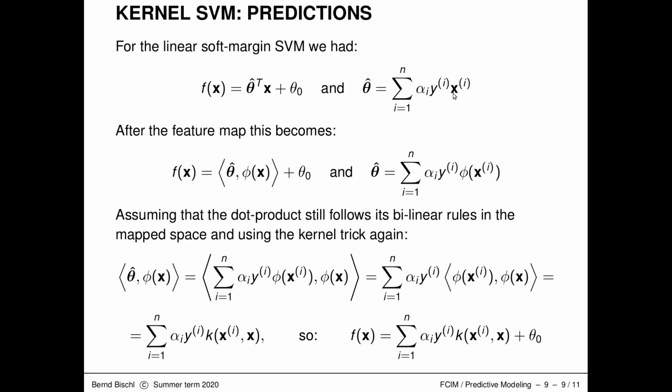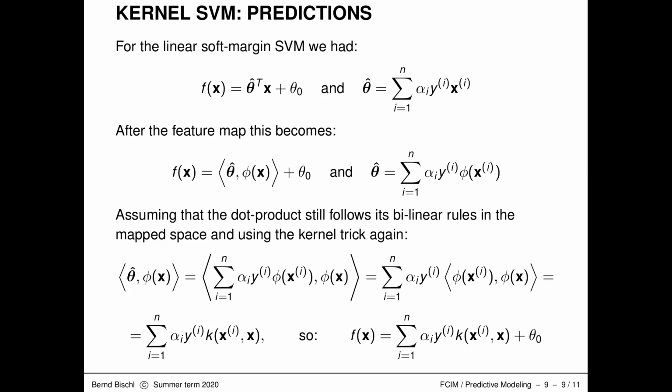We also figured out that very often this becomes sparse, so some of these alpha i guys become 0. I don't want to discuss this any further. More importantly, what I now want to do is look at how this thing changes if we apply our feature map and connect this with our kernel computation.